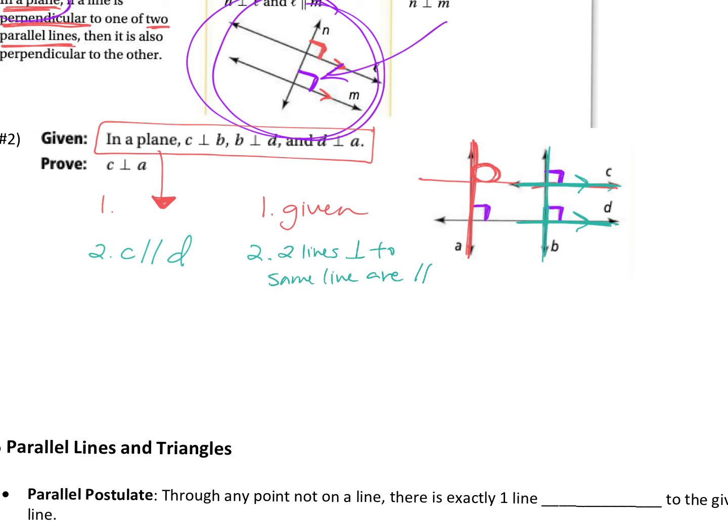Okay, so then the last step of the proof, feels like we shouldn't be done yet, right? But we are, is what they asked us to prove. How do I know then that C is perpendicular to A? Because D is perpendicular to A. Somewhat, that's part of it.